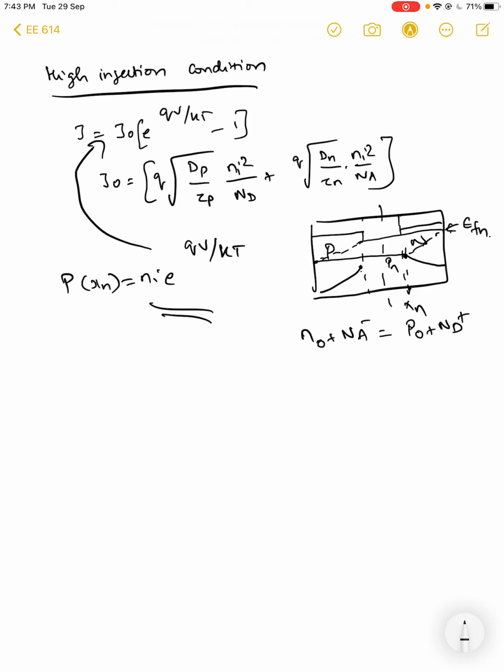Nd is the donor atoms and Na being the ionized acceptors, right? And under non-equilibrium conditions as well, you have to remember that the actual material is always neutral, or is assumed to be always neutral, right?